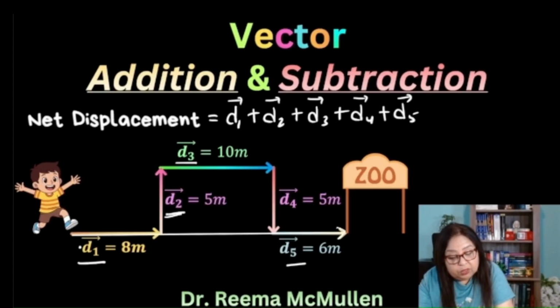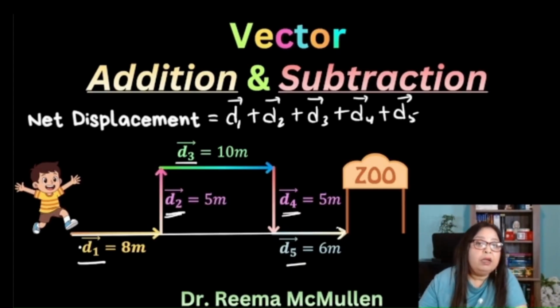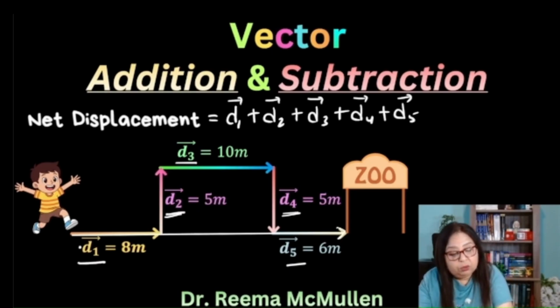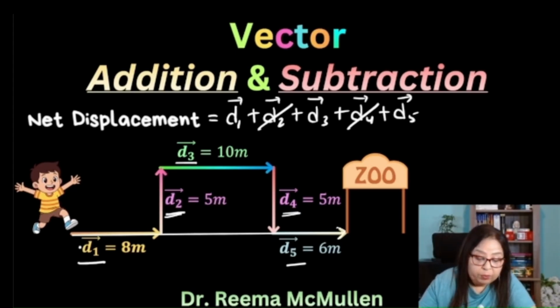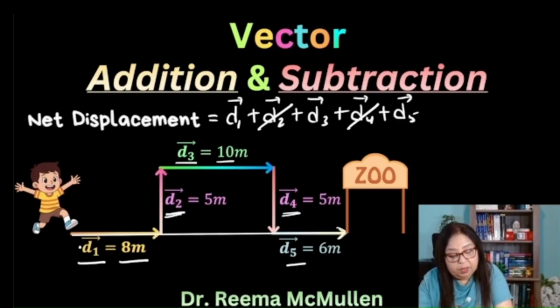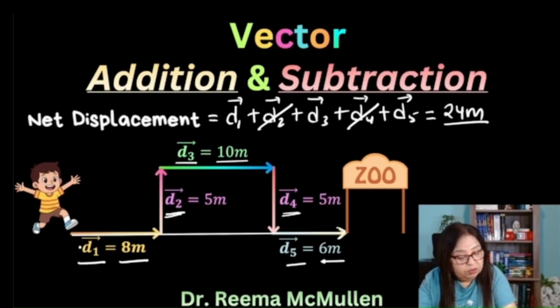While D2, which is going up, and D4, which is going down, are equal in magnitude but opposite in direction. So D2 and D4 basically cancel each other out. So the net displacement is going to be 8 plus 10, 18 plus 6, that is 24 meters. Here you go.